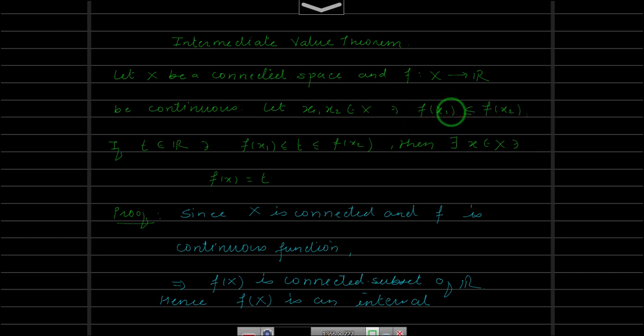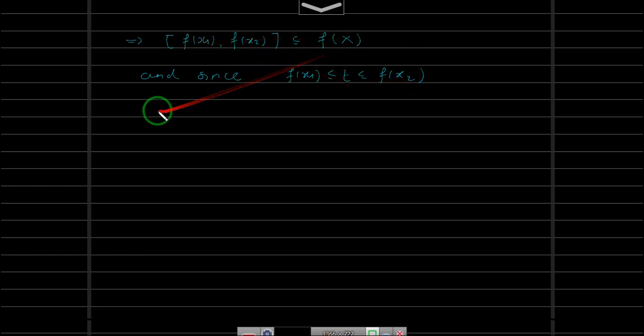So if you take the closed interval from f at x1 to f at x2, this will be a subset of f at X, because f at X is an interval, and f at x1, f at x2 belong to f at X. And since f at x1 is less than or equal to t less than or equal to f at x2, this implies t is in this interval, and this implies t will belong to f at X.